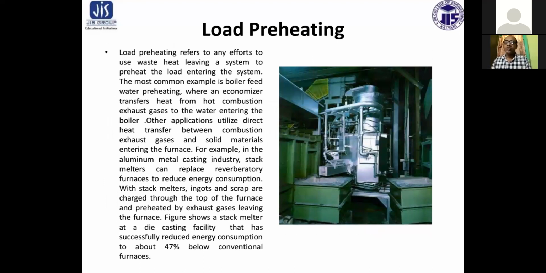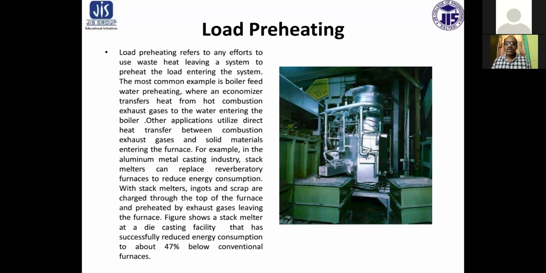Now, load preheating. It refers to any effort to use waste heat leaving a system to preheat the load entering the system. Generally, in the case of solid materials, for example in the steel industry, where ingots, etc., are manufactured, they have tremendous heat.